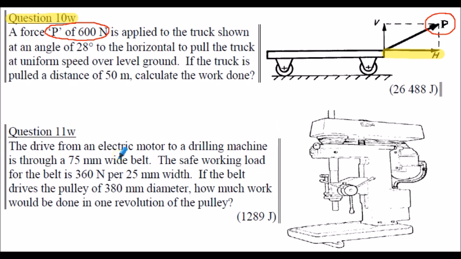Be careful with question 11. It says that the width is 75 millimeters of the belt, and we're given a safe working load, that's a force or a tension in the belt, which is 360 newtons per 25 millimeter width. I'll let you consider how to apply that information to calculate the work done.